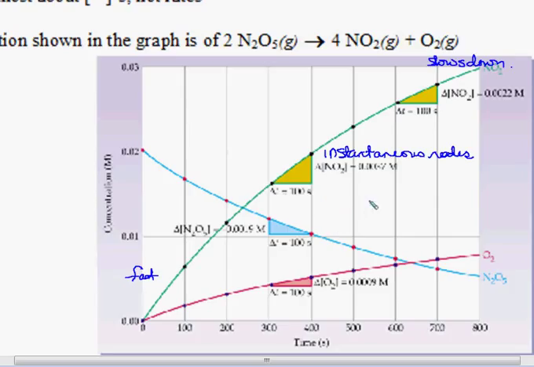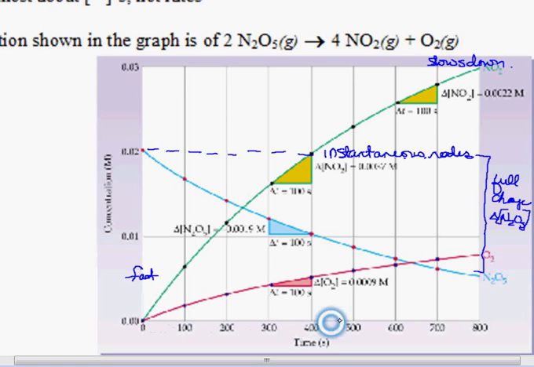In addition, you can see that the amount that we started with respect to our dinitrogen pentaoxide, as we go over here, this amount of difference is the full change of the dinitrogen pentaoxide. And notice if we compare that to how much it changed for oxygen, right?